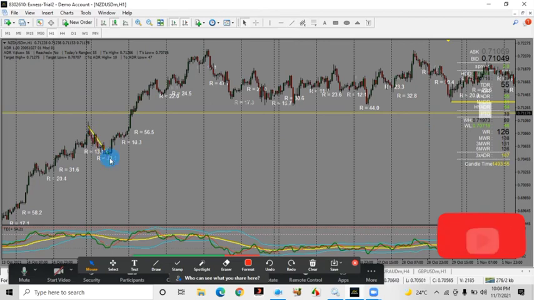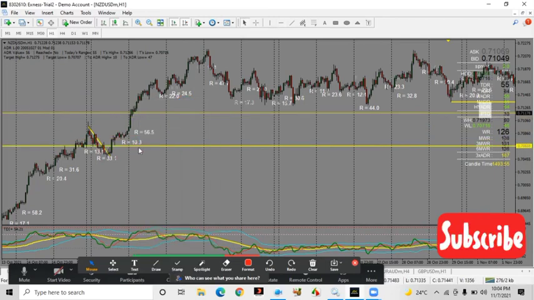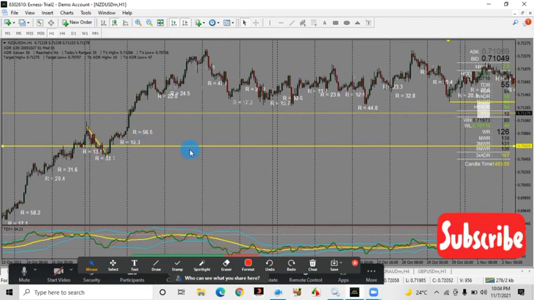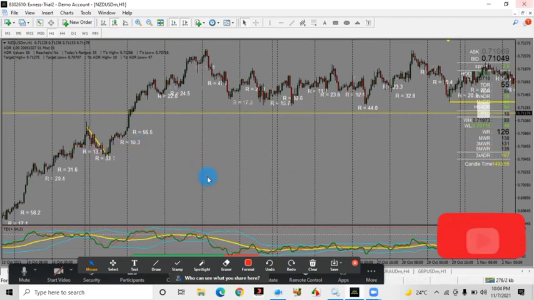Once you have a swing high, that's what I mean by a swing high, right? This is a swing low, right? And we have a swing high, right?